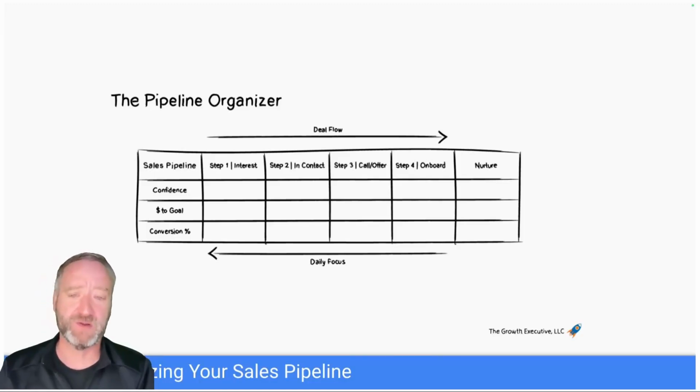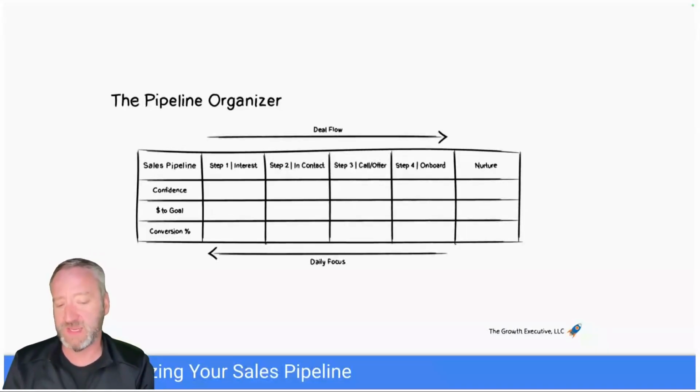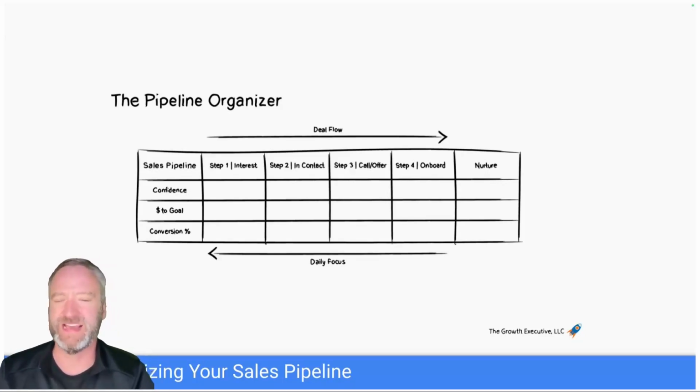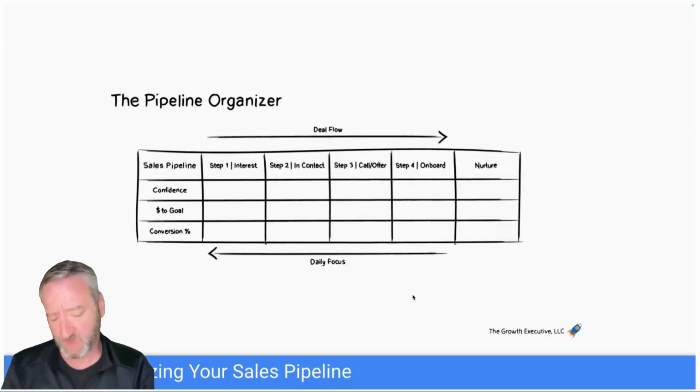So my daily focus as a salesperson is what do I need to do today to get the next win? To get the next win in the next 30 days is not necessarily going to be talking to someone who filled out an interest form last night. It's going to be somebody who I've already had a conversation with, I've already presented an offer to, and it's just a question of onboarding them, maybe guiding them over the pipe. So for sales teams, from a daily focus, you're coaching your team to work from right to left.